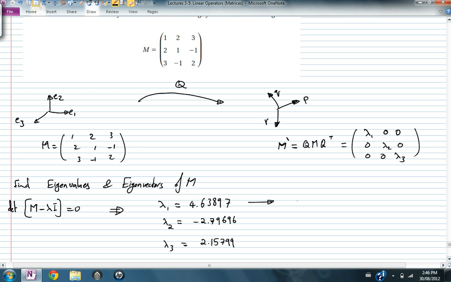Associated with lambda 1, you get the eigenvector P, which will be equal to 0.68, 0.18, 0.71. Associated with lambda 2, you get a Q, which is equal to negative 0.68, 0.5, 0.53.